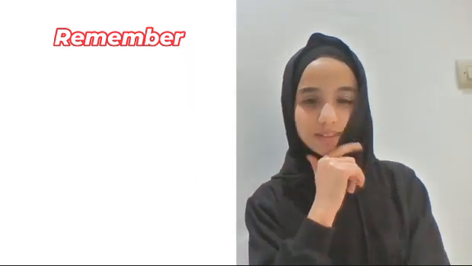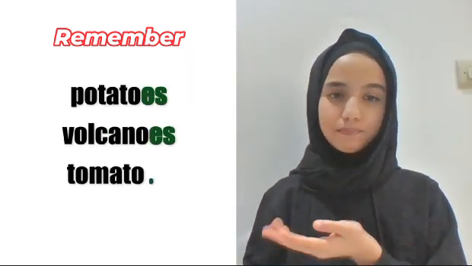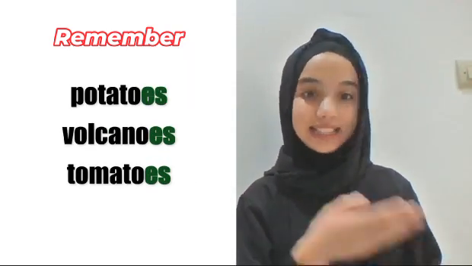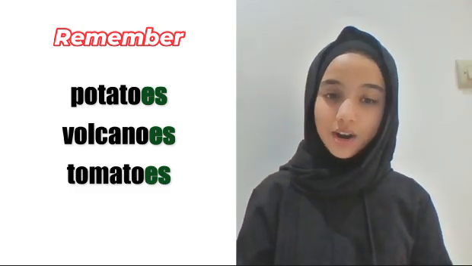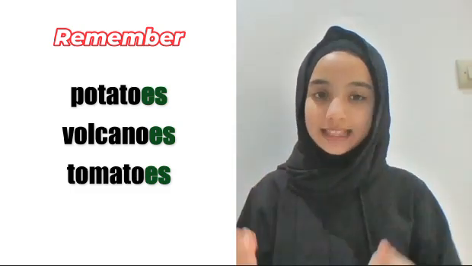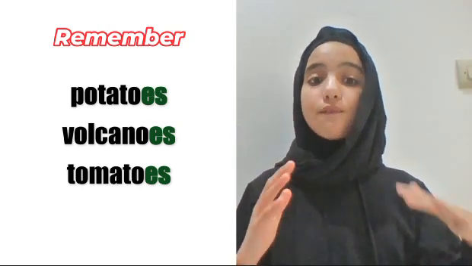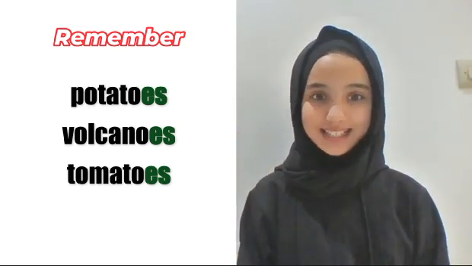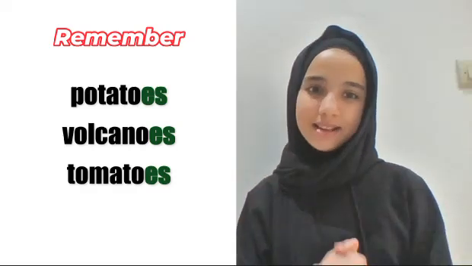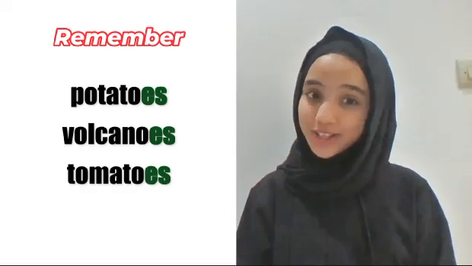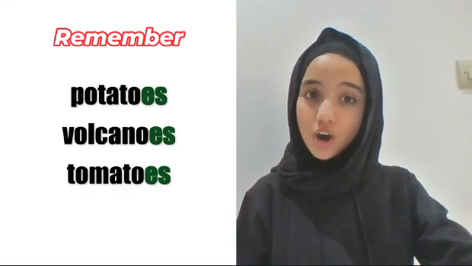Like potato, potatoes, add es. Tomato, tomatoes, add es. And also volcano, volcanoes, es. So these are some exceptions, but there are also some words that finish with o where we don't add es, just s.